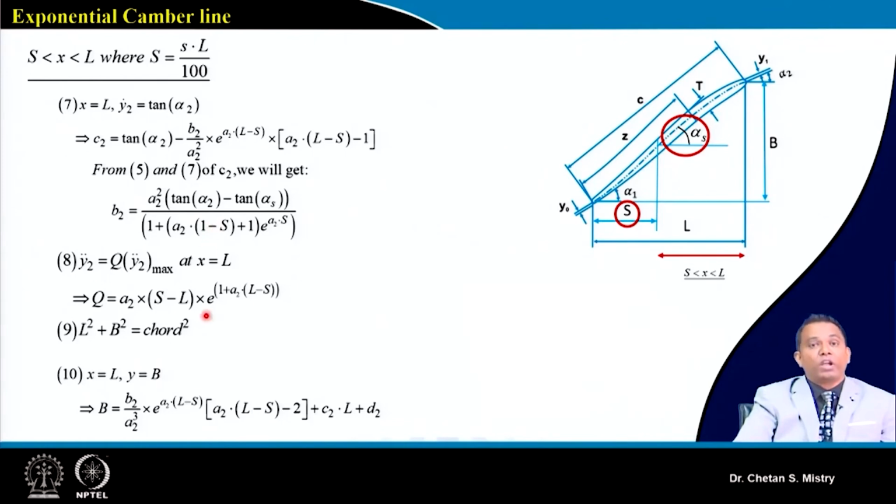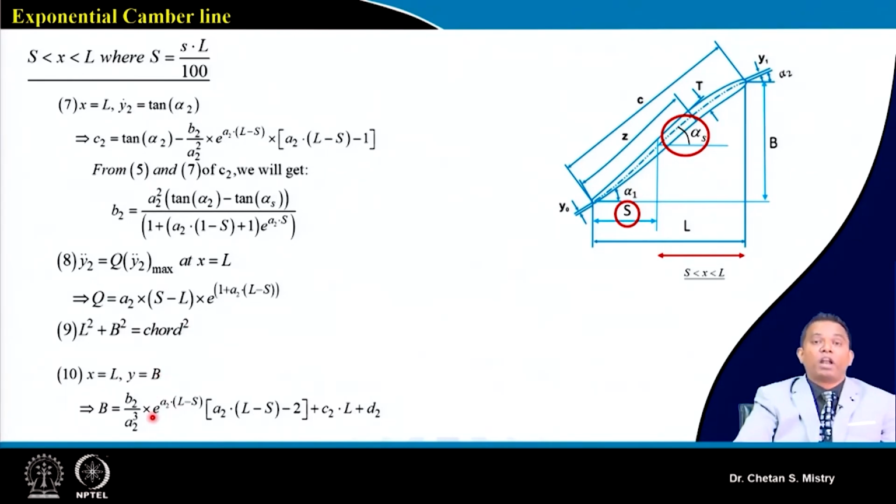And with the same boundary condition, in order to consider the deviation angle configuration, we will put the boundary condition of the second derivative and its maximum value. That will give me the value of Q. We know L square plus B square is the chord square, and at x equal to L and y equal to B, that will give me the value of B.